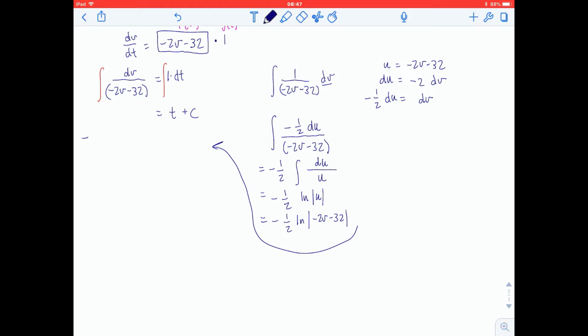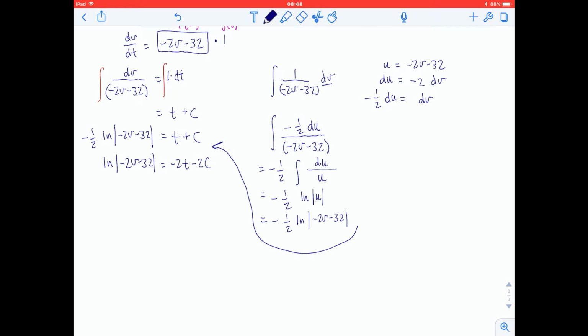So this becomes negative 1/2 ln of the absolute value of negative 2v minus 32 is equal to t plus c, and simplifying this a little bit, ln of the absolute value of negative 2v minus 32 is equal to negative 2t minus 2c.